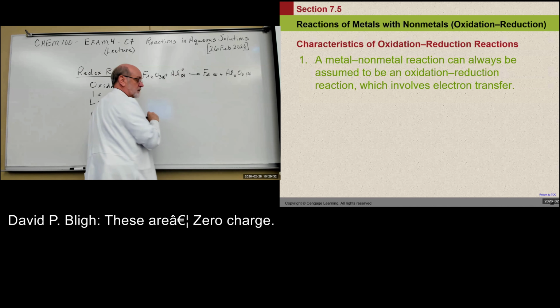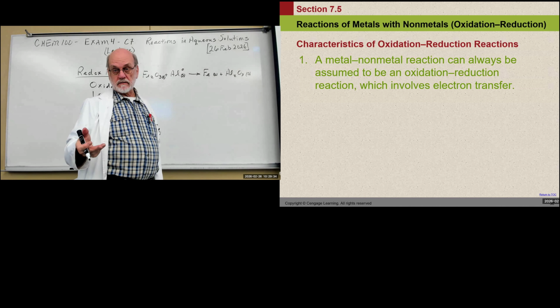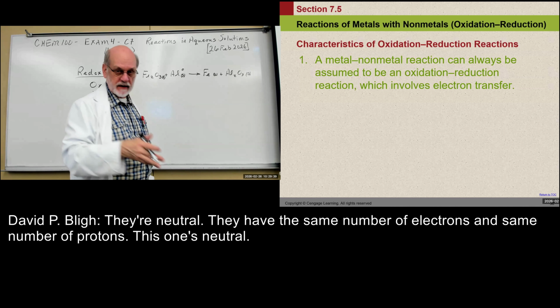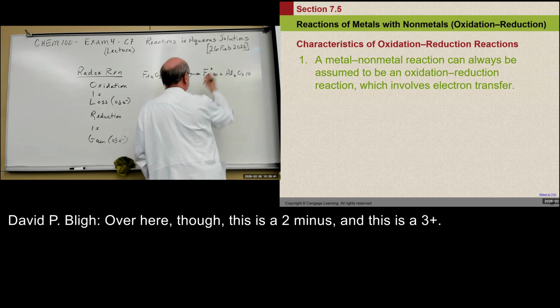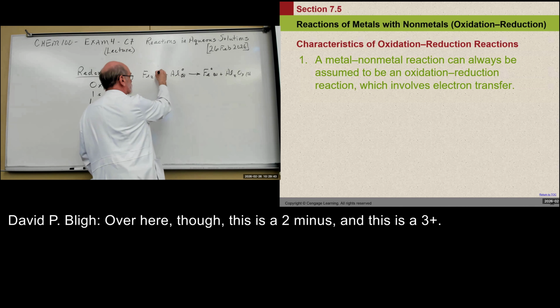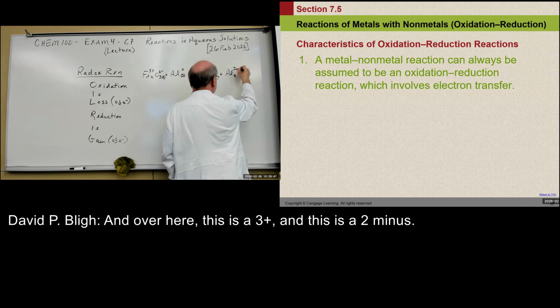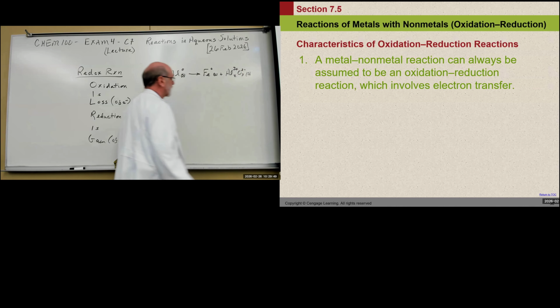These are zero charge, right? They're neutral. They have the same number of electrons and same number of protons. Over here, though, this is a 2 minus and this is a 3 plus. And over here, this is a 3 plus and this is a 2 minus.